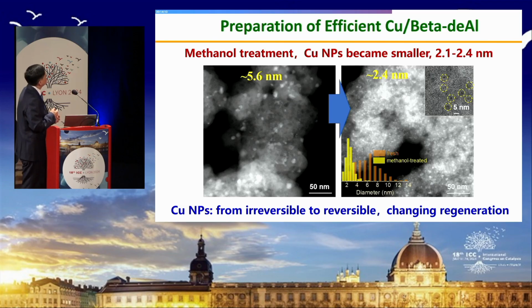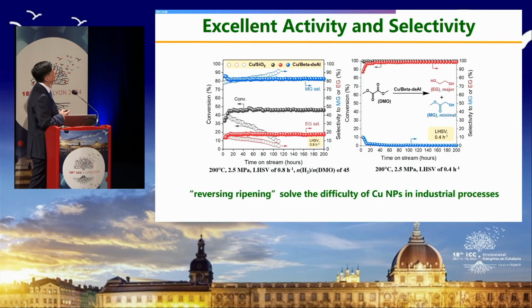The methanol treatment can turn a big one into a smaller one. So now the copper nanoparticle can be reversible. We can continue to recycle, continue the regeneration, with almost no loss of activity for a long time.